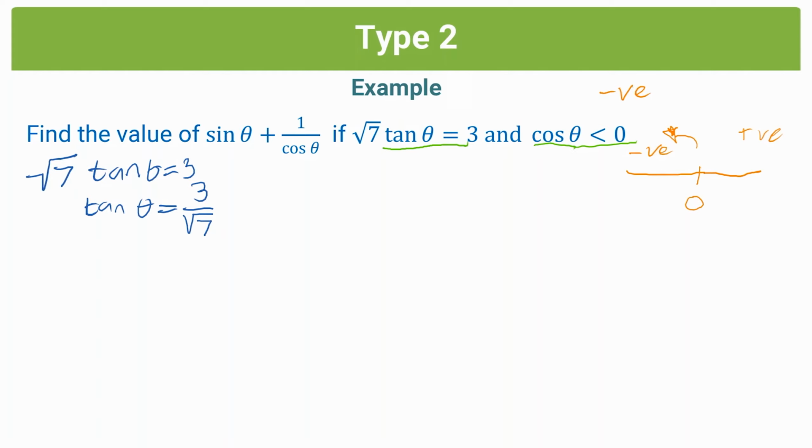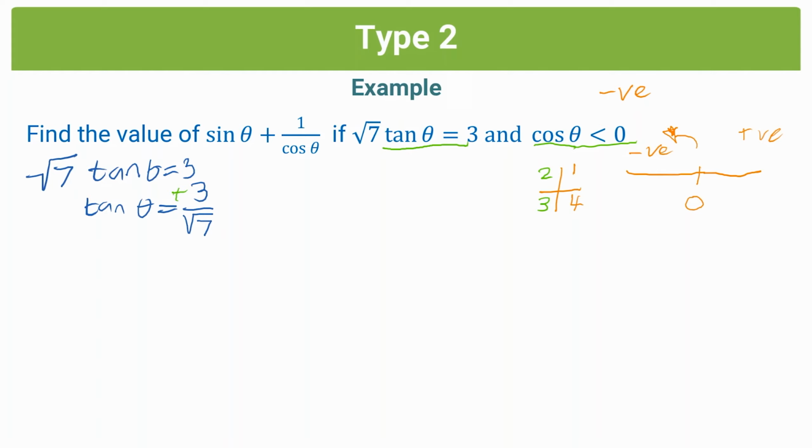We know from the CAST rule that cos is positive in quadrants 1 and 4. So if cos theta is negative, we must be working with the second or the third quadrant. And from our question, we know that tan theta equals positive 3 over root 7.